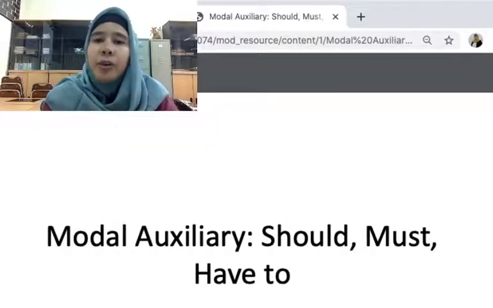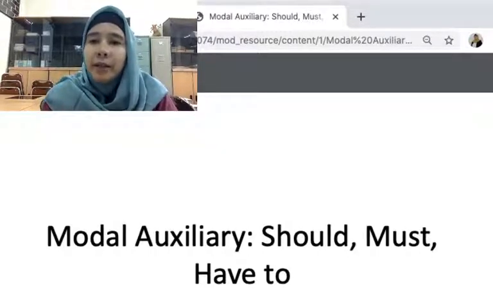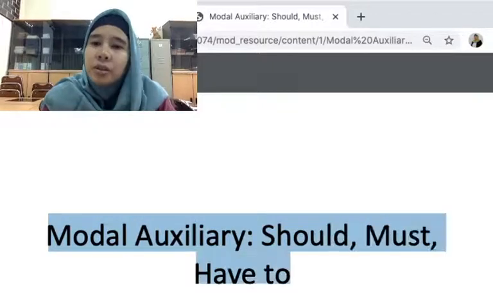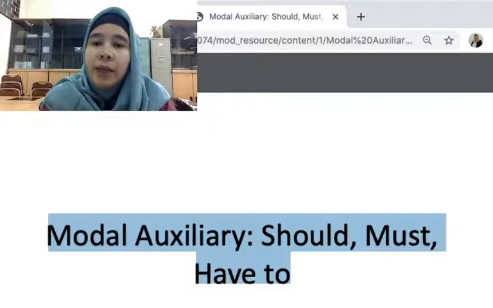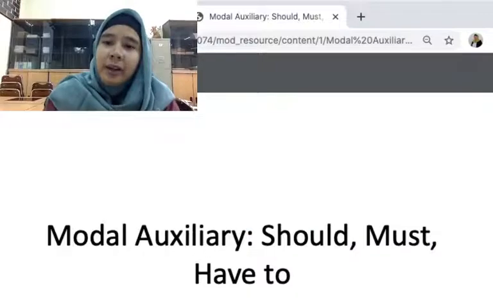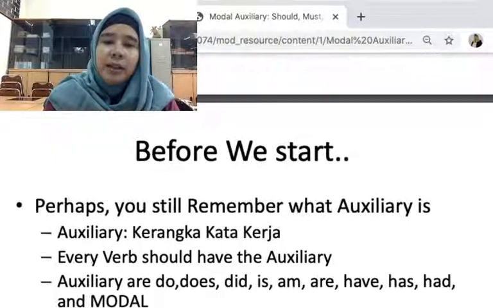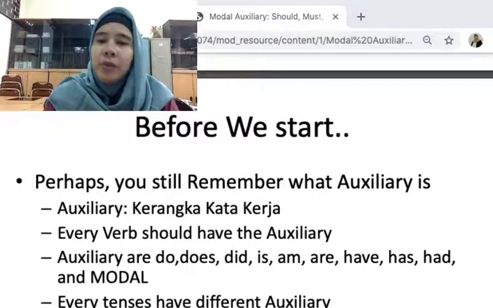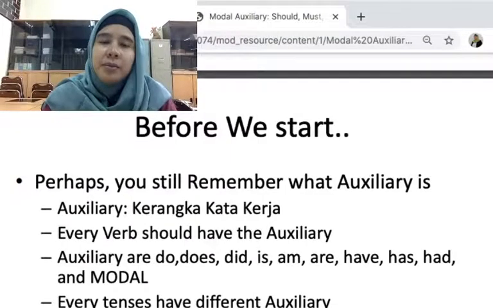Okay, so we are going to talk about the modal auxiliary, especially should, must, and have to. You can also check in your textbook, in your grammar points, lesson 4, level 2. Before we start, let me remind you again about the word auxiliary, because modal auxiliary is also an auxiliary.